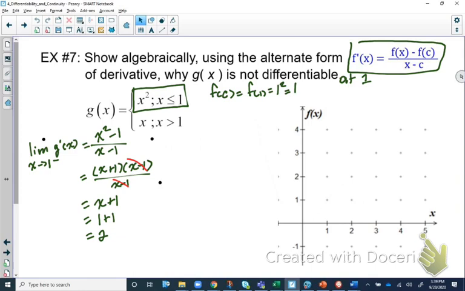So now we would look at the same thing from the right side. Well, the right side, as we approach 1, is going to give me this guy here. So here I'm going to say the limit of the derivative g of x as x approaches 1 from the right side, in this case, will be f of x is just x in this case. f of 1 in this case is going to be 1.